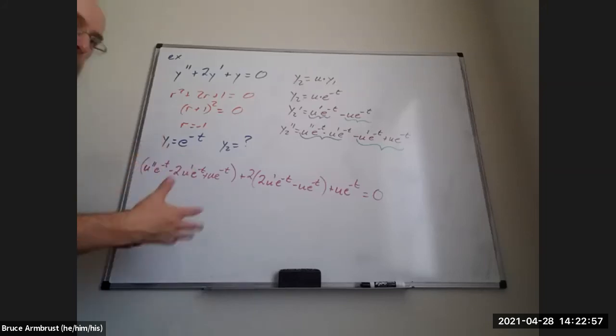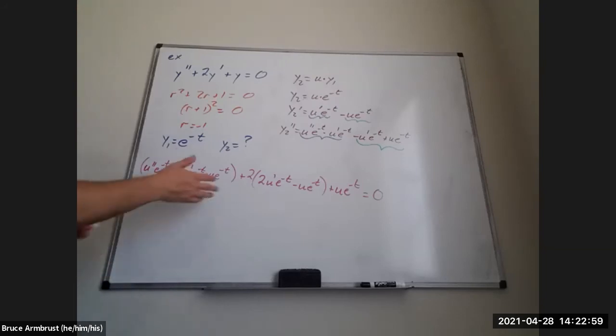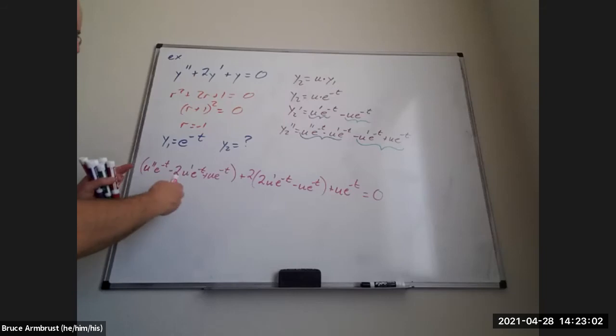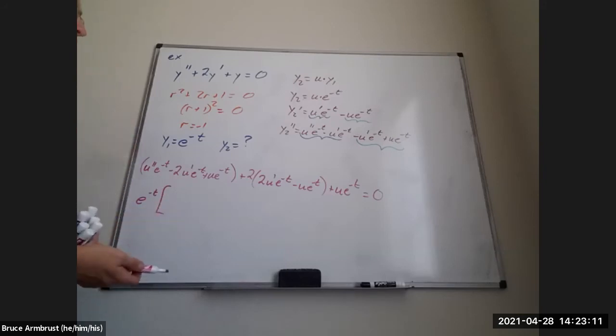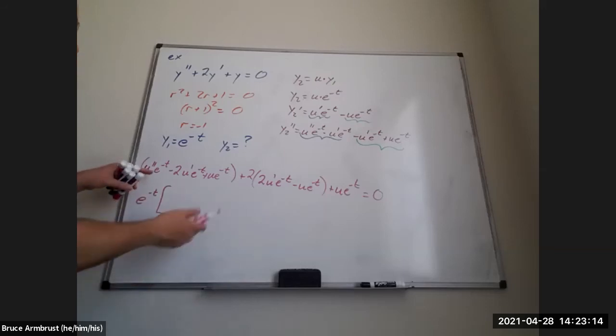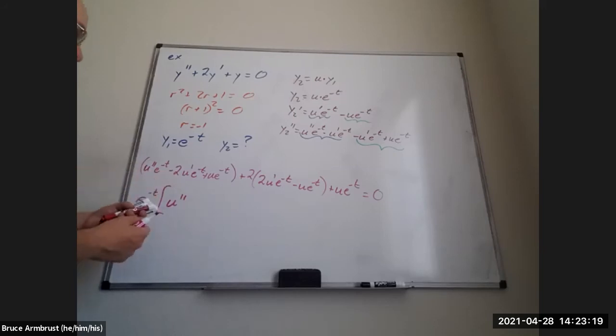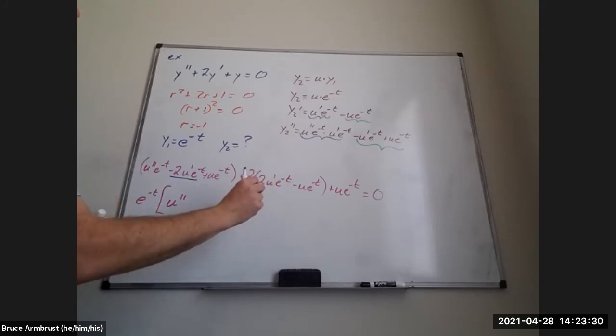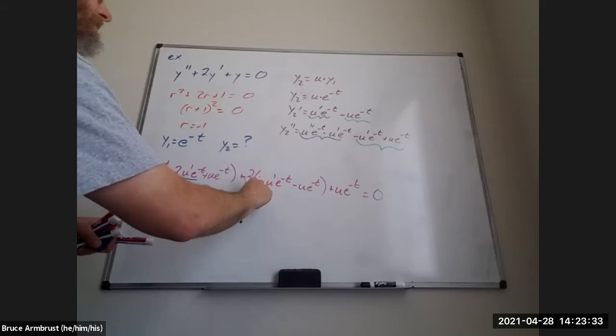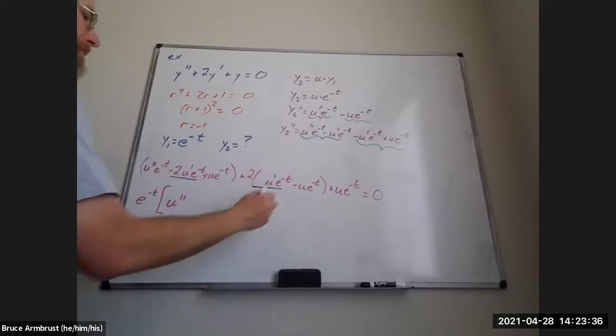All right, so let's combine things here. First, we can factor out an e to the minus t. I'm just going to pull that all the way out because it's part of everything. And then I'm going to group them according to the derivatives. So we've got u double prime, and that's the only one. For the u primes, I've got minus 2 u prime and a plus 2 u prime.